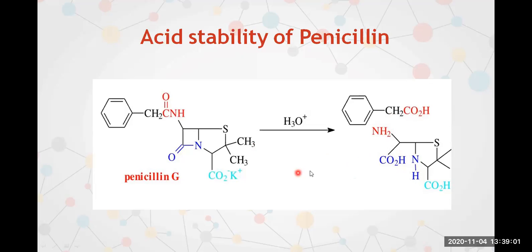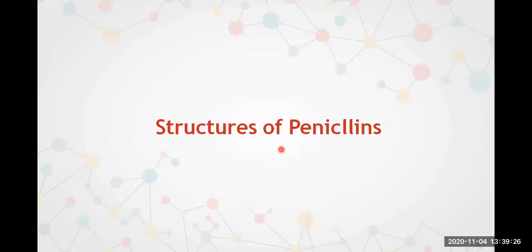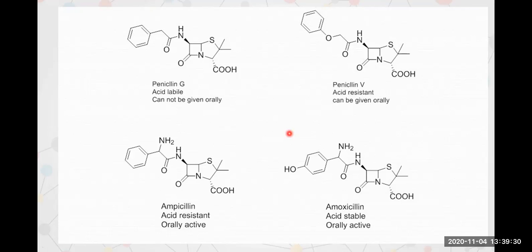Okay, so these are the main stability problems of the penicillin compounds, and we will see how we can make the compounds acid stable, or stable against the beta lactamase. That is the main focus of our understanding of the structure activity relationship. We'll come back to this slide particularly after we study the SAR.